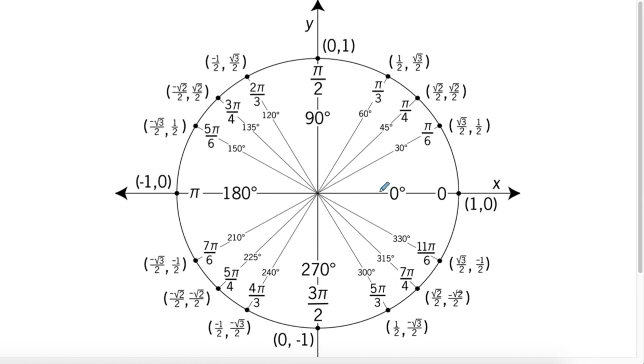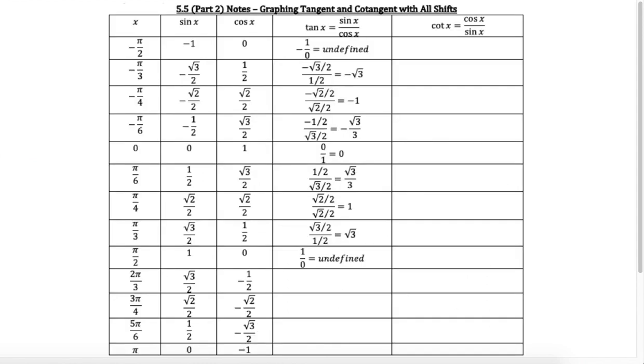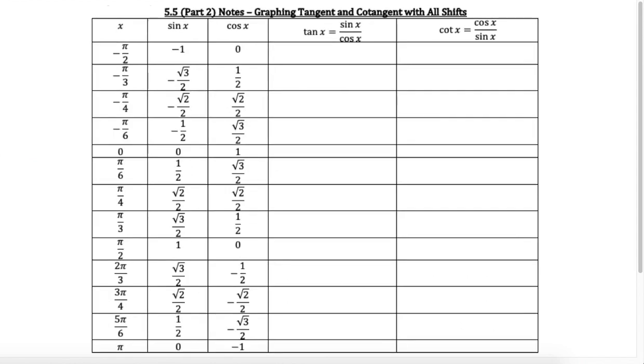So starting here, an angle of negative pi over 6 would be right here. So this angle here, negative pi over 6, would be the same point as 11 pi over 6. And then negative pi over 4, negative pi over 3, negative pi over 2. So that's what those negative angles look like.